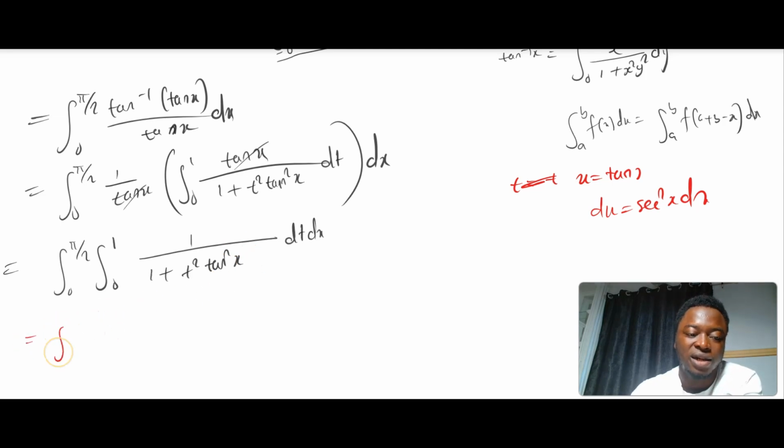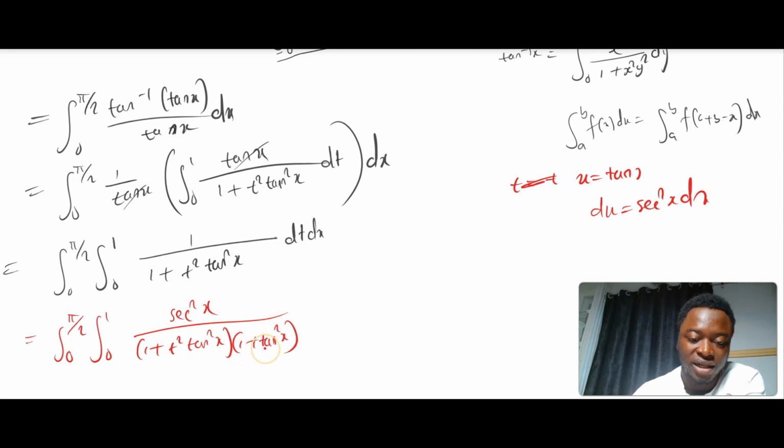You get the integral from 0 to pi over 2 times the integral from 0 to 1 of secant squared x all divided by 1 plus t squared tan squared x. Then at the bottom you write 1 plus tan squared x, because you know that 1 plus tan squared x is secant squared x.